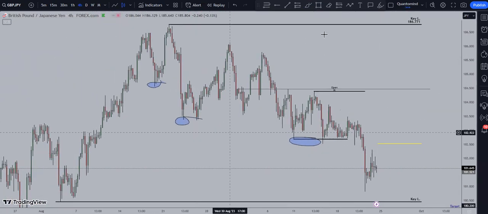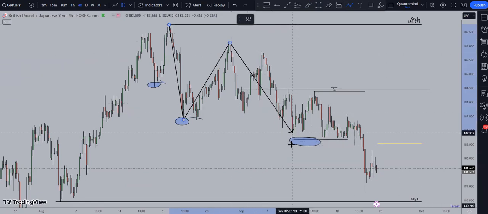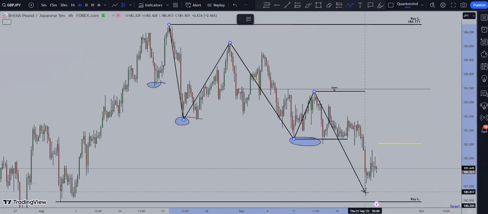So if we use the Elliott wave, we have 1, 2, 3, 4, and the fifth wave. Got 1, 2, 3, 4. Is it 1 wave, 2 waves, 3 waves?